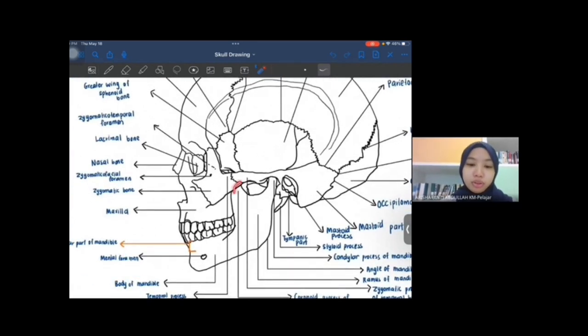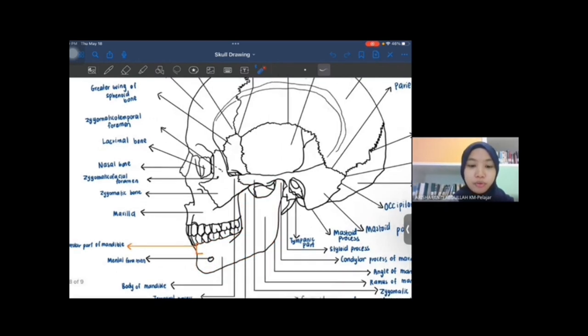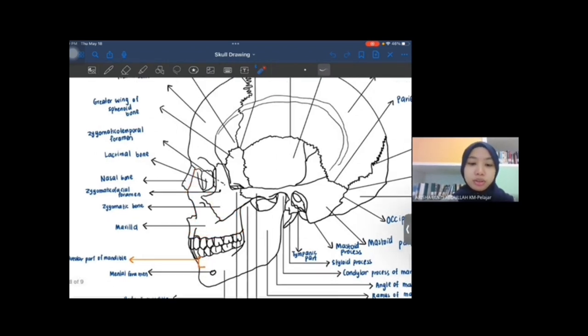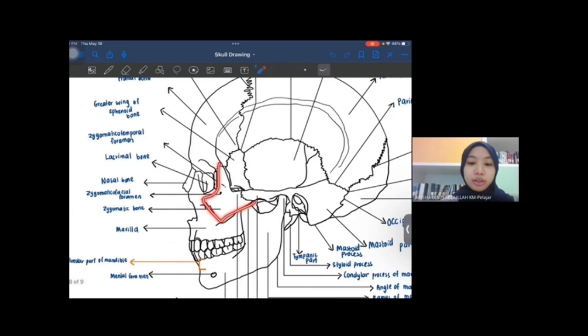So here is the body of mandible, and it consists of mental foramen and also the alveolar part of mandible. Over here is the maxilla part, and up here is the zygomatic bone, which is the cheekbone, and it consists of zygomaticofacial foramen.